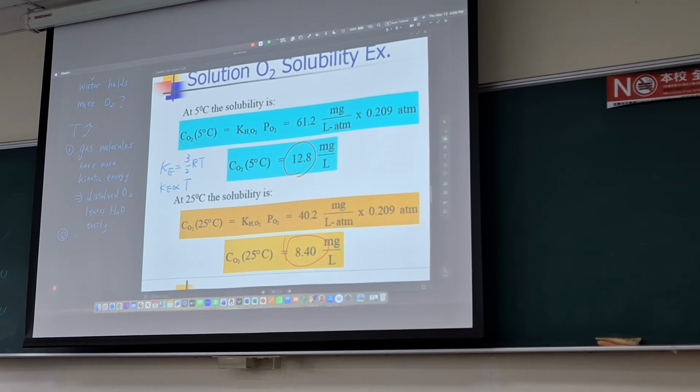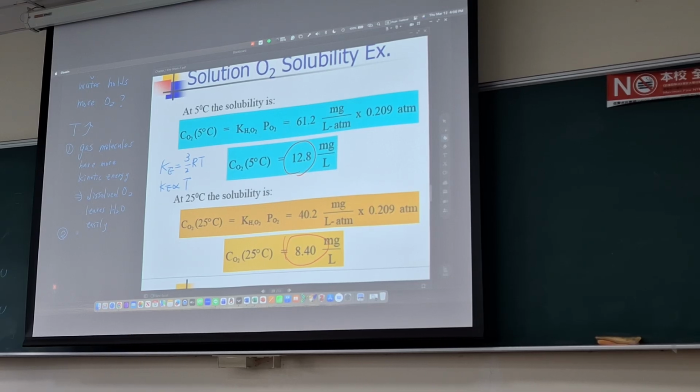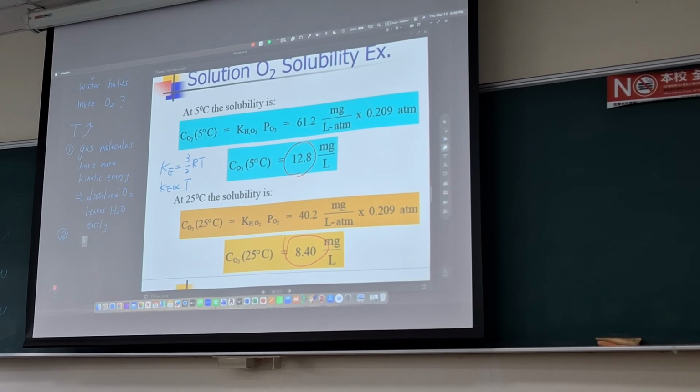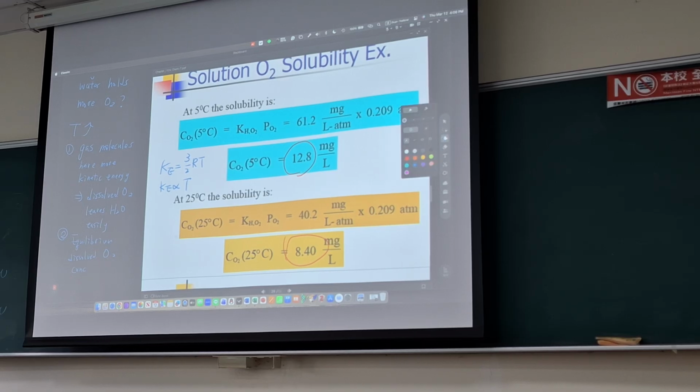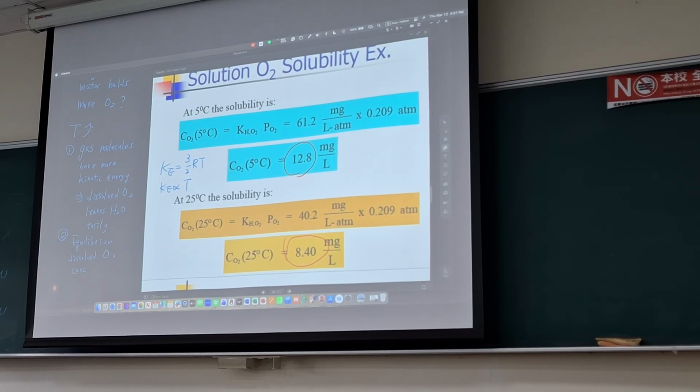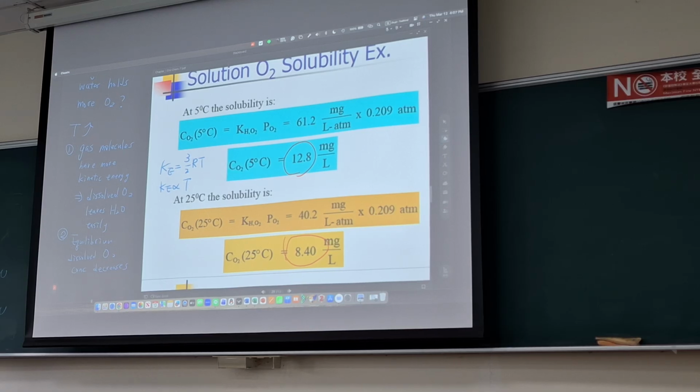So in this case, the equilibrium dissolved oxygen concentration decreases.